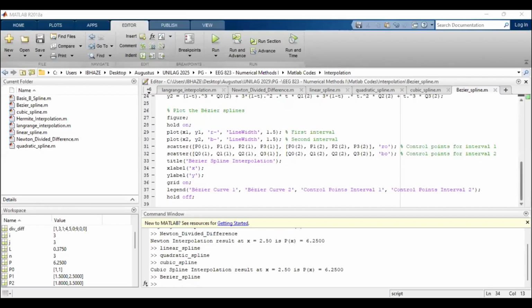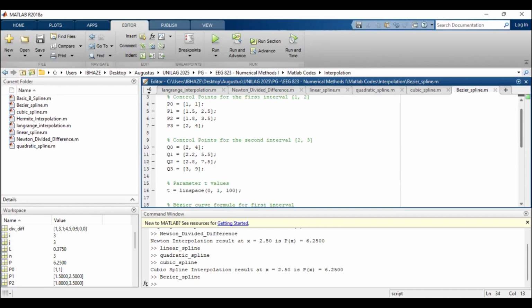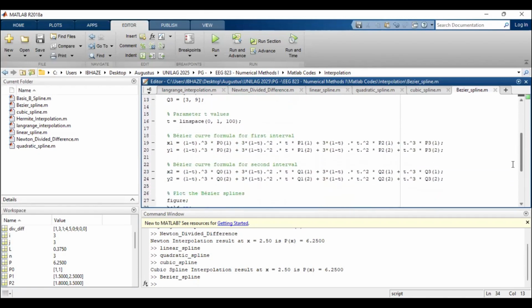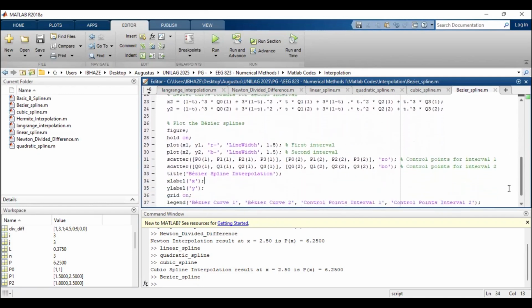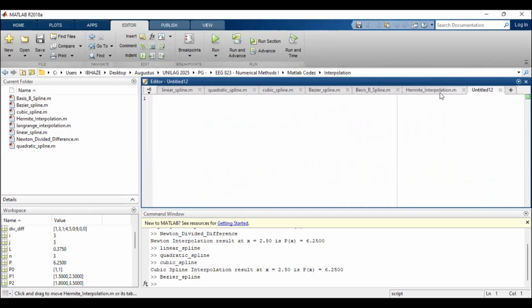And then, okay, I think I didn't scroll through the code. This is for the Bezier spline interpolation at those points. So the control points were defined, as presented, and that's that. Oh, got that. Then what's next?